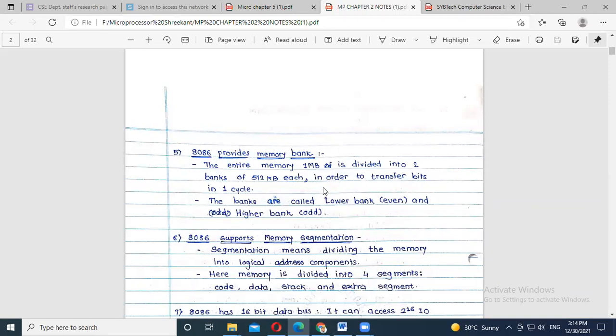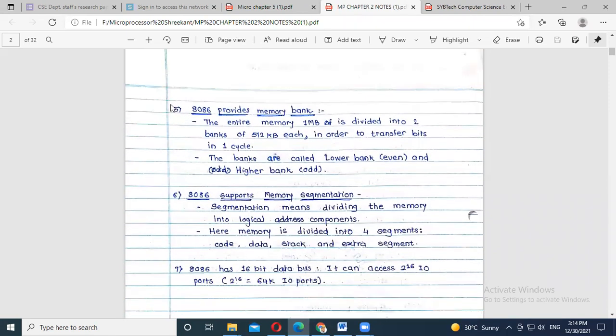So 512 KB each becomes 1 MB, in order to transfer bits in one cycle. And the banks are called the lower bank for the even addresses and the higher bank for the odd addresses in the memory locations. Okay. So that is the fifth main feature.